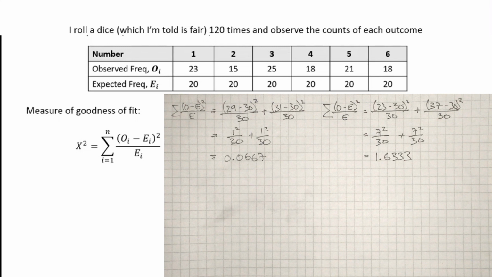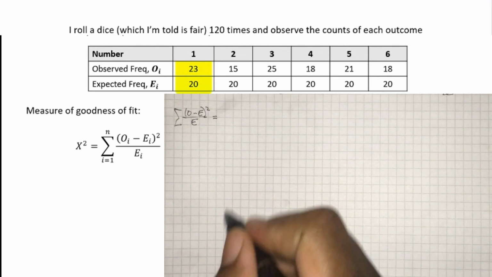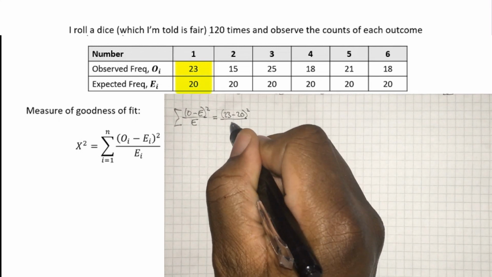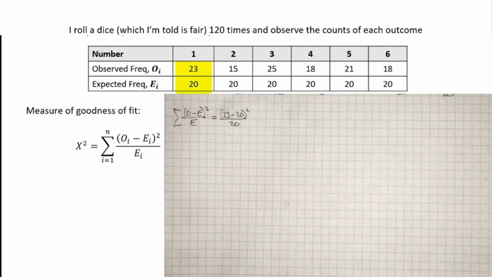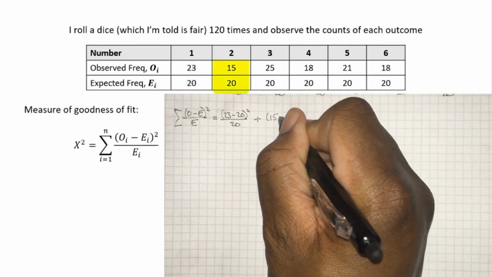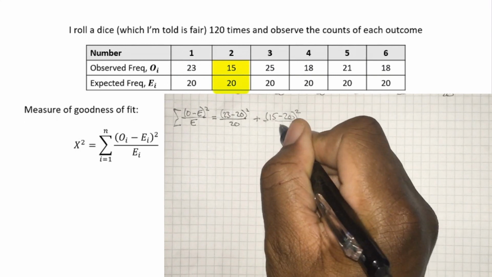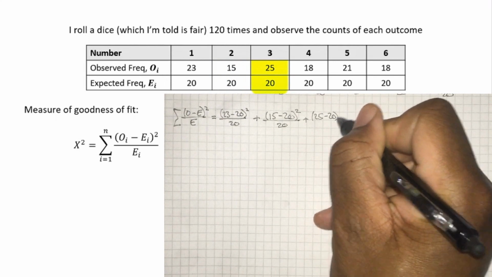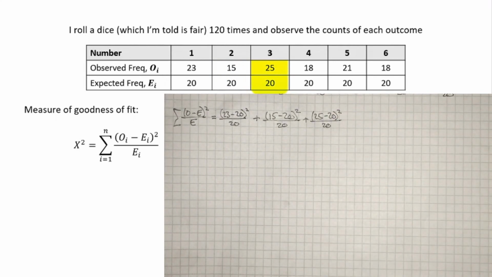I'm going to go ahead and calculate the chi-squared statistic for this. And just as before, it's the observed and the expecteds that correspond that we work with. So 23 minus 20 squared all over 20. 15 minus 20, numerator in brackets and squared, all over 20. 25 minus 20, I'm going to square that and all over 20.